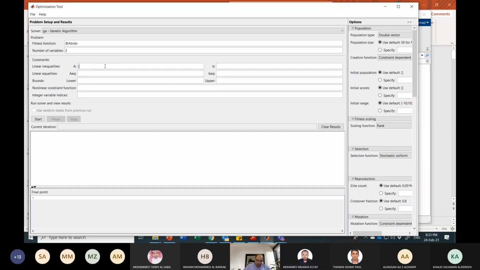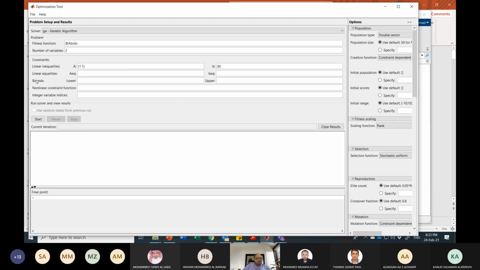Yes. So we can have here matrix A is the coefficient of x1 and the coefficient of x2. But of course, then we have only one constraint, and B equal to 8. So we have now x1 plus x2 less than or equal to 8. So this is inequality constraints.